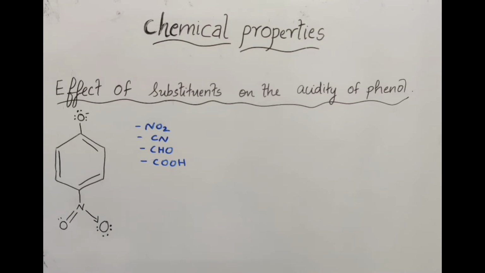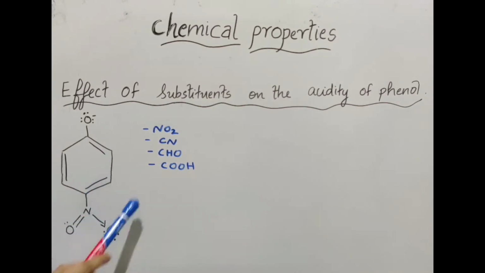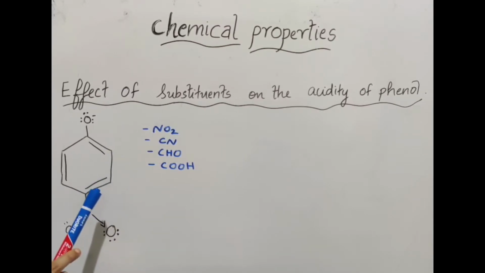This is because of the greater stabilization of the phenoxide ion due to the effective dispersal or delocalization of its negative charge through negative mesomeric or resonance effect. What is negative mesomeric or resonance effect?